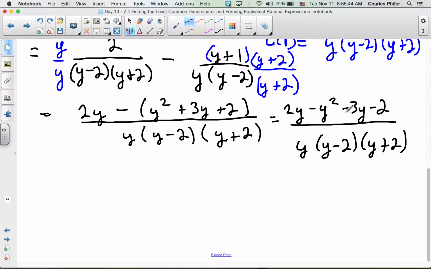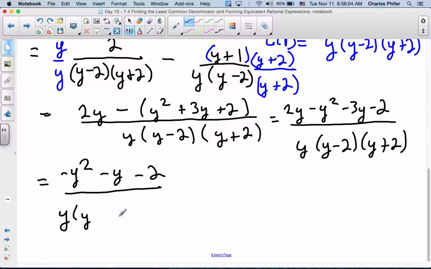Okay. So that numerator I'm going to combine like terms. I'm going to get negative y squared. 2y and negative 3y is negative y. And then you get what? Minus 2 all over y times y minus 2 times y plus 2.